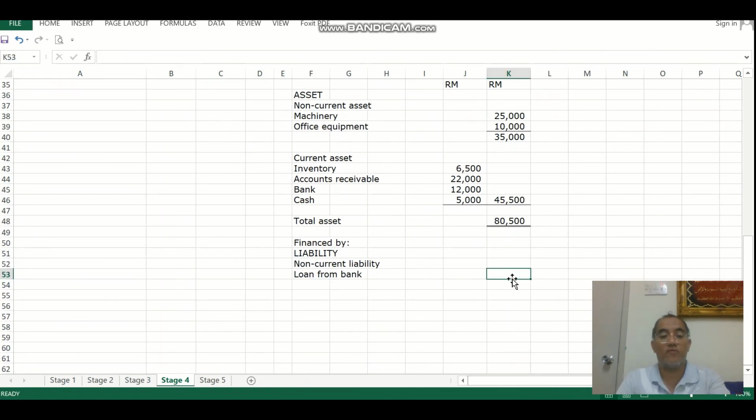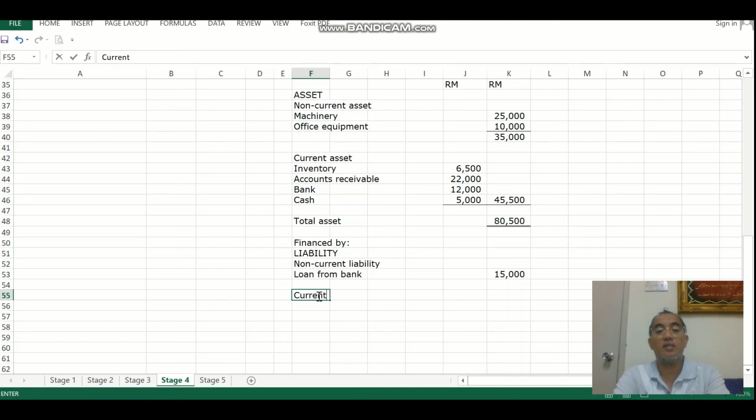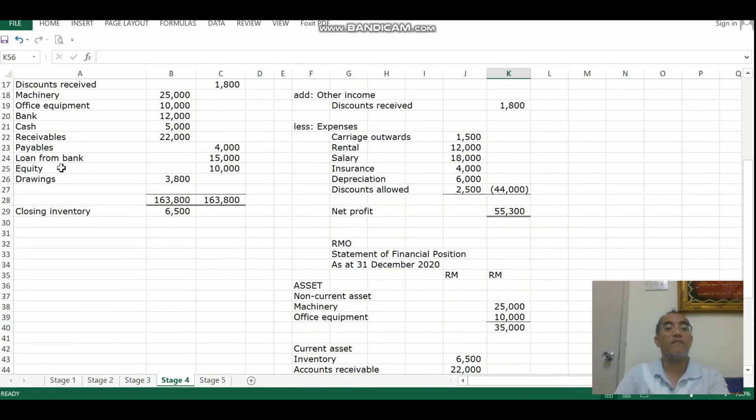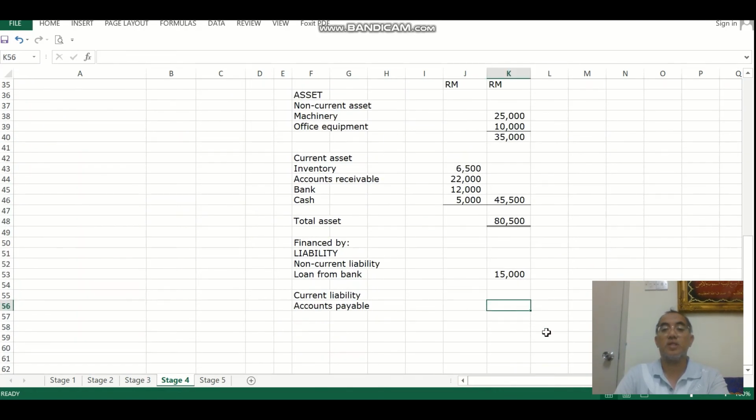So I put here 15,000 because you have only one. If you have two, you just put it in this first column and then add all those together. Move on to current liability. There is accounts payable. I have how much? 4,000 only. So I put here 4,000.